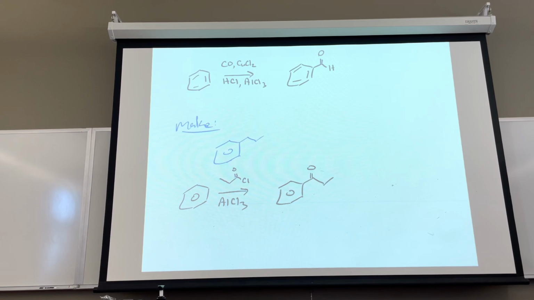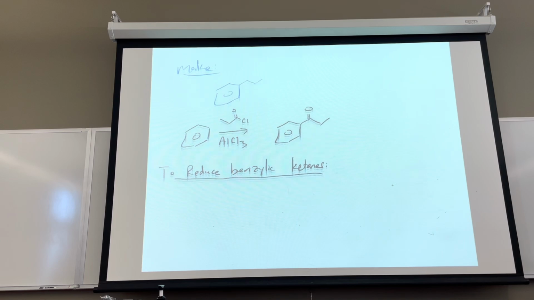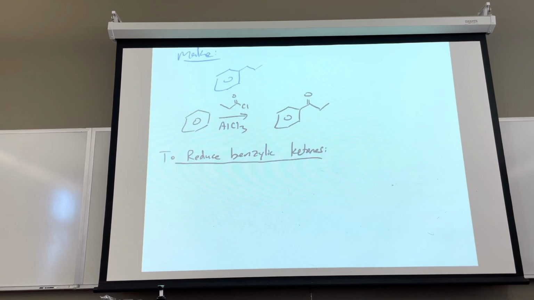So, there's a couple ways we could think about doing this. I can take that benzylic ketone and I can easily reduce it to propylbenzene. And one of the easiest ways is simply through hydrogenation.